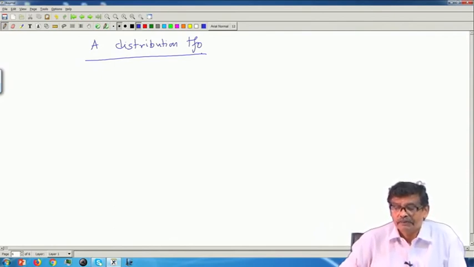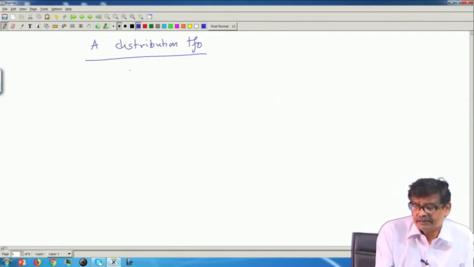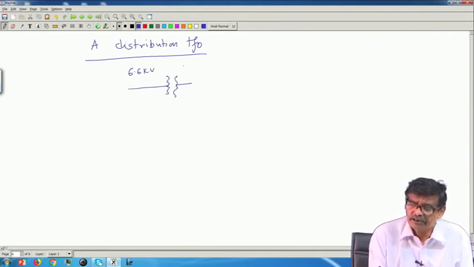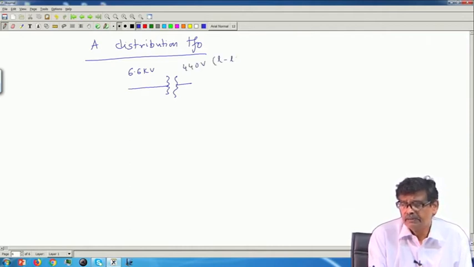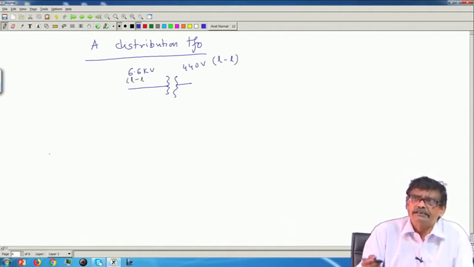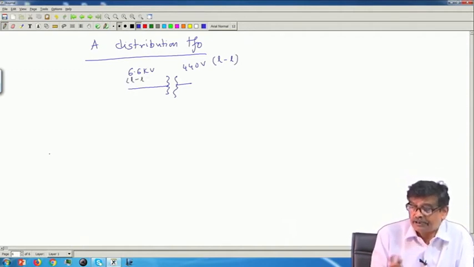So, what happens is this, the voltage may be at 6.6 kV of a distribution transformer, and this side voltage is 440 volt line to line, and this is also line to line voltage. We will discuss about the connection later, but let us try to understand.